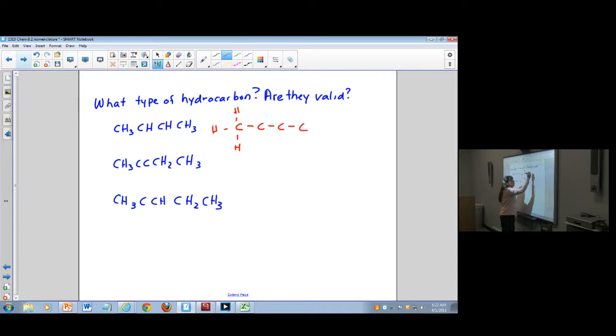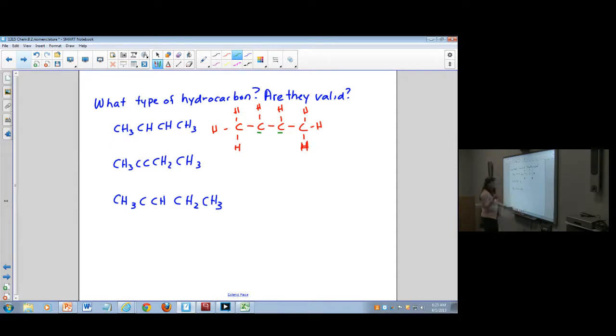hydrogens, especially on the end, are going to be, for alkanes, 3 of them to make carbon have an octet. And then I look back at the structure, and I can see there's a hydrogen here and a hydrogen here. But when I look at these 2 carbons, this carbon and this carbon, they don't fulfill the octet rule.